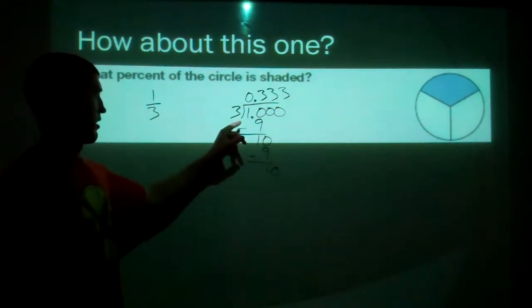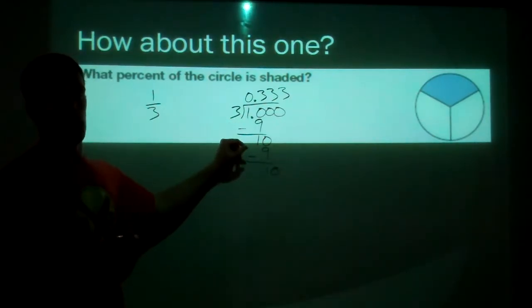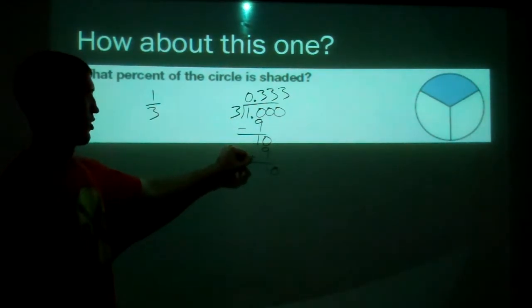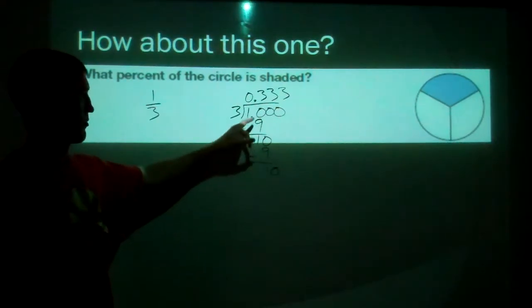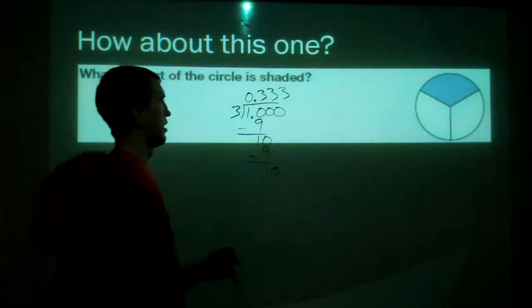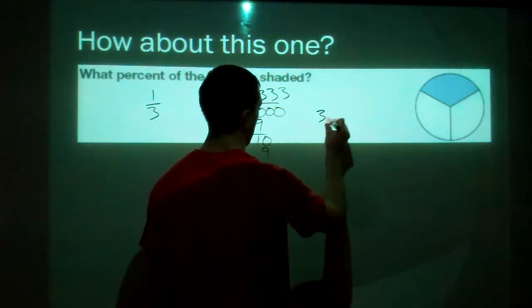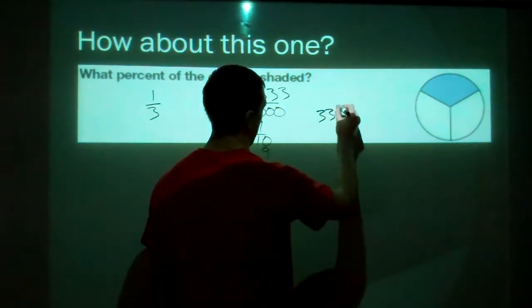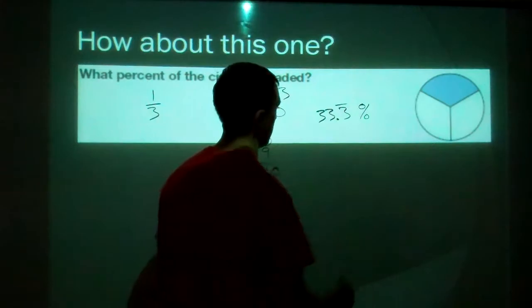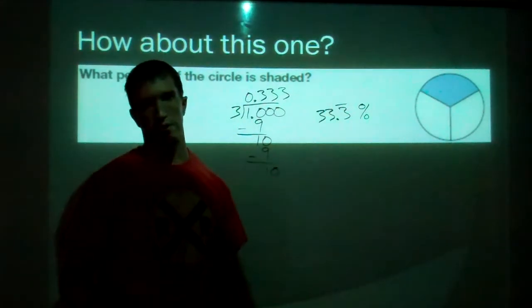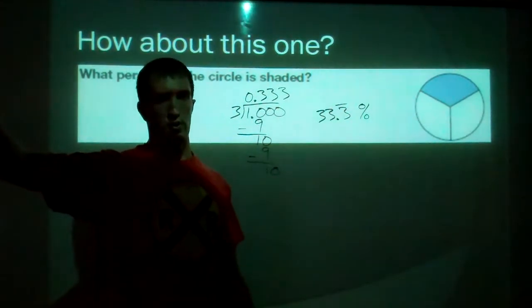If you were dividing 100 into 3 parts, you wouldn't have to multiply, you've already done that. So in this case, the way I did it, I have to multiply this by 100, which will give us 33.3 repeating percent. Now that little line over the 3 means we're just going to keep repeating with 3's forever.